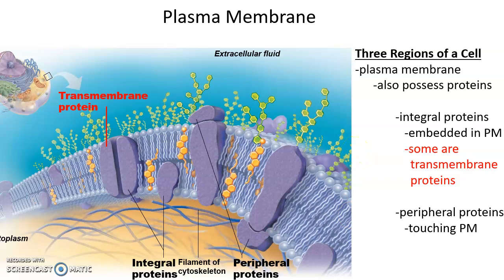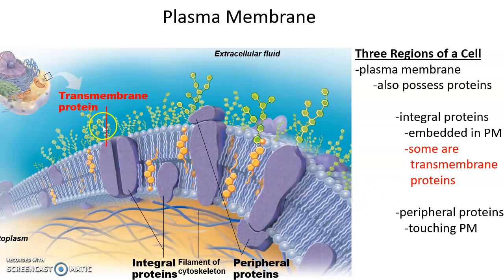Now, there are also other structures associated with the plasma membrane. This includes the proteins represented here by these big purple blobs. The proteins can be integral proteins. Integral proteins are embedded within the plasma membrane, so they may go partially into the plasma membrane, they may go completely through it.